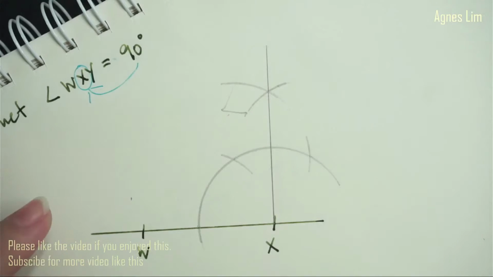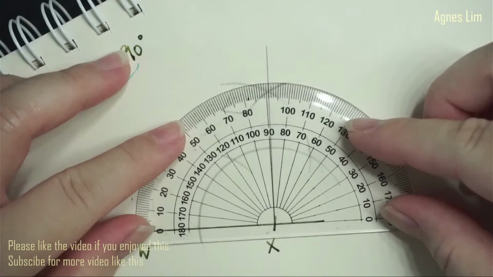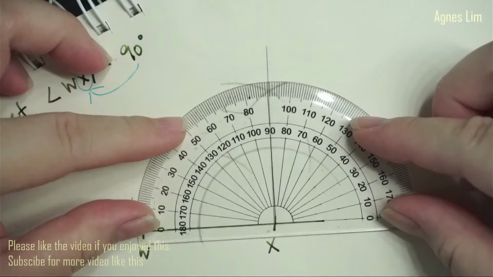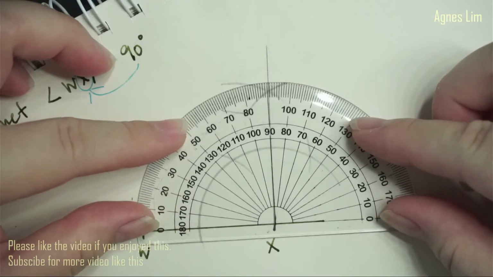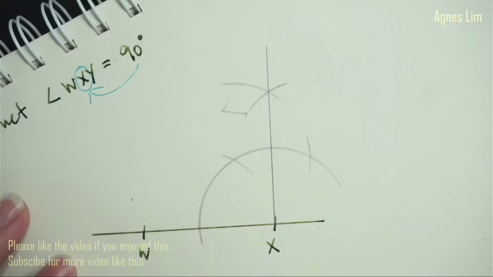Okay, so let's check. Do we have 90? Alright, so we got 90 degrees, which is good. Now we're going to label it.